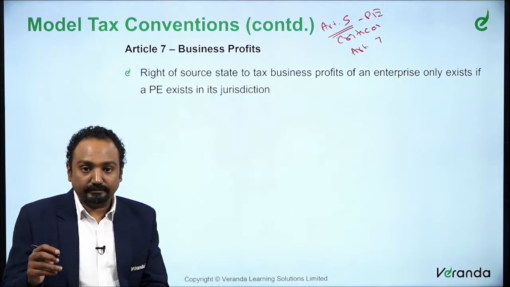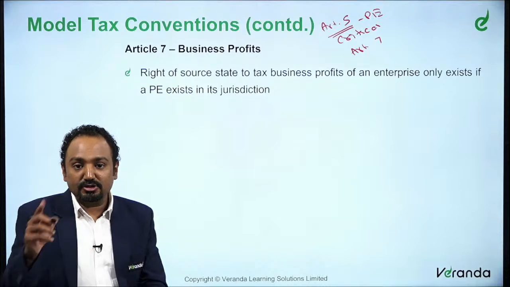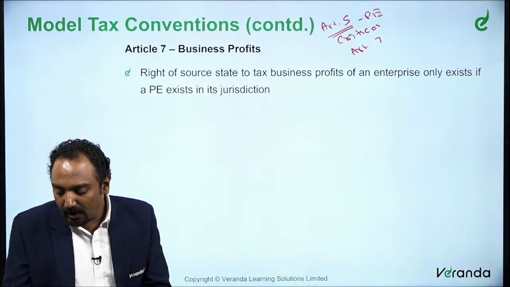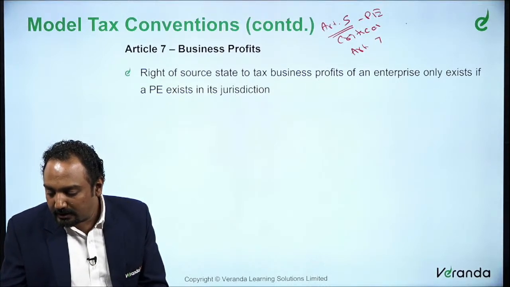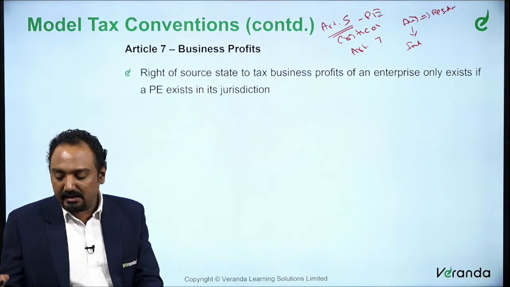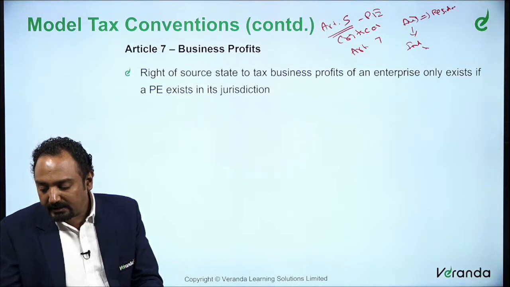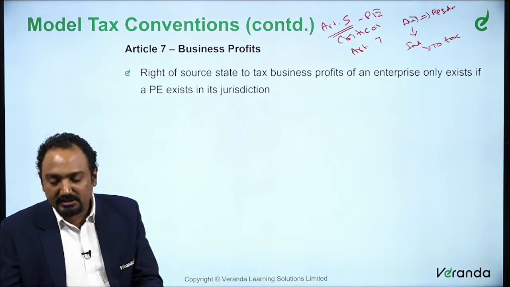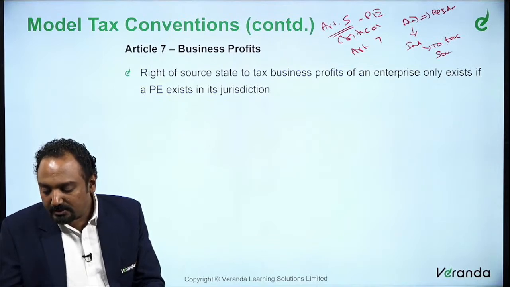So when you say residence based, source based, right? We spoke about a transaction of an Australian entity with an Indian entity. Now Australia, they are a resident in that country. To be taxed in India, the treaty must say source based taxation.